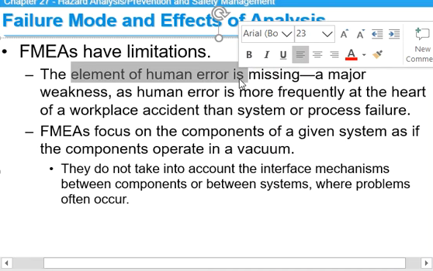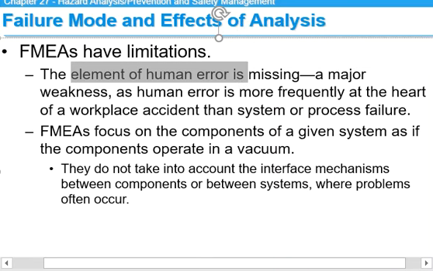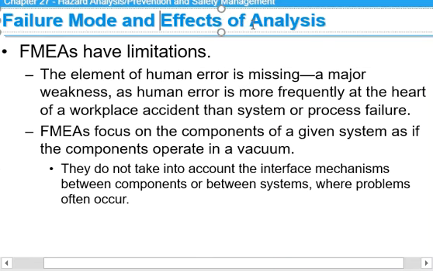Or we did not pay attention that the operator might apply the sequence of operation this way. That's why we say failure mode and effects analysis is limited when it comes to human error.